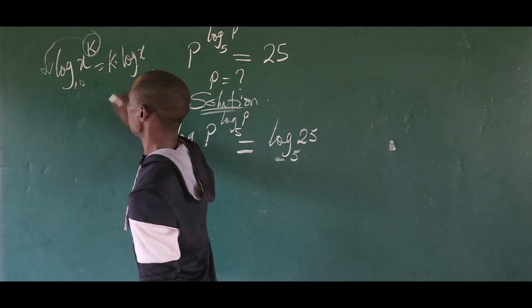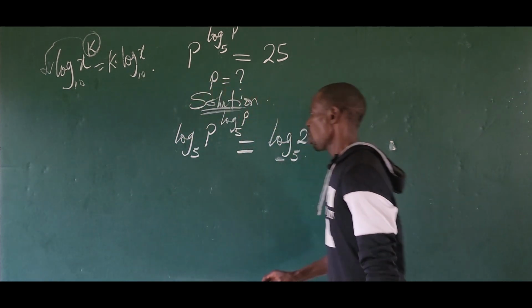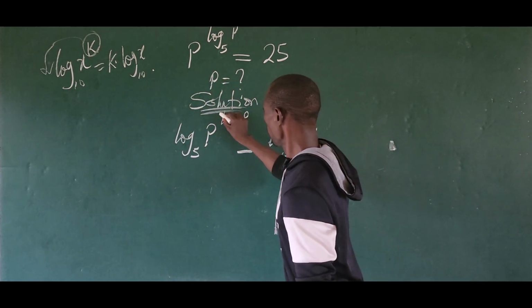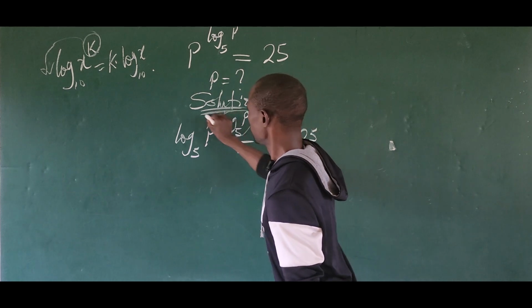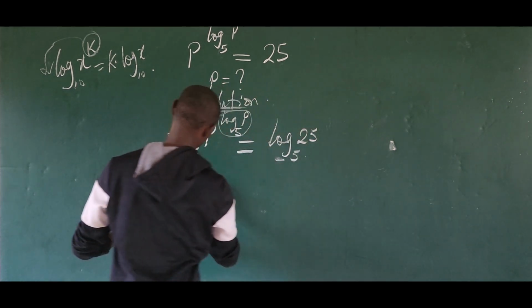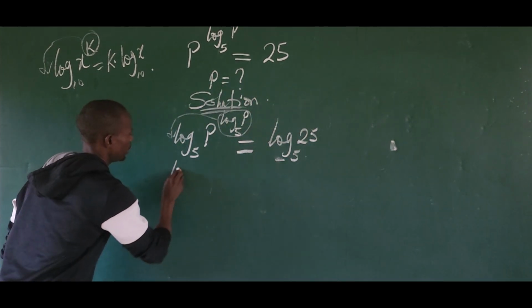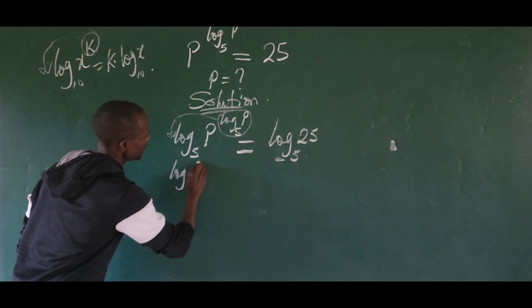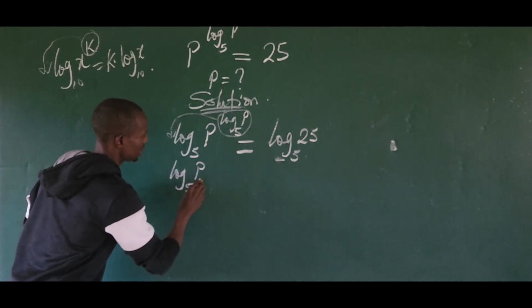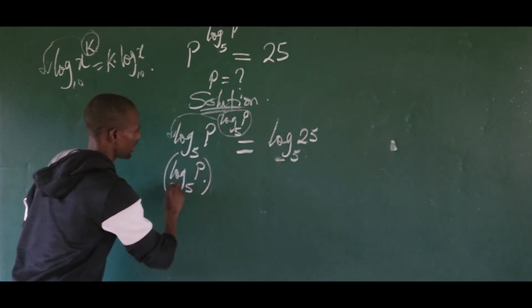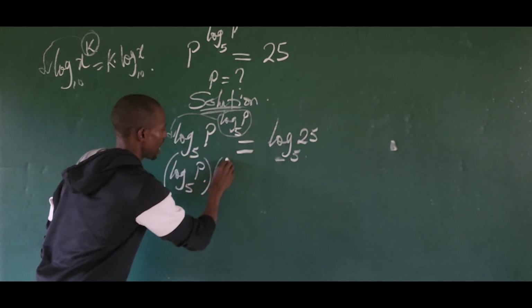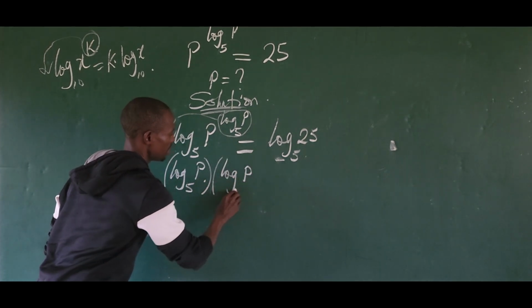Mind you, we have here base 10, natural base. So we want to move the whole of these to this side of the equation. This is going to give us log p base 5 times, but let's put it in brackets there, log p base 5.